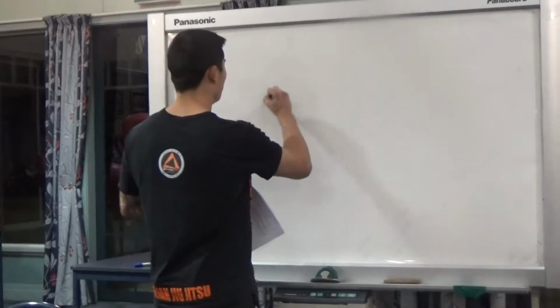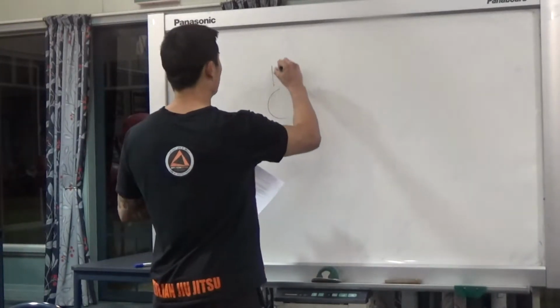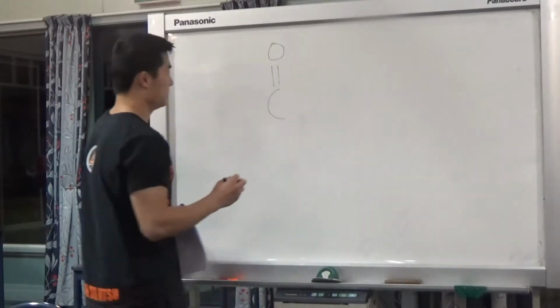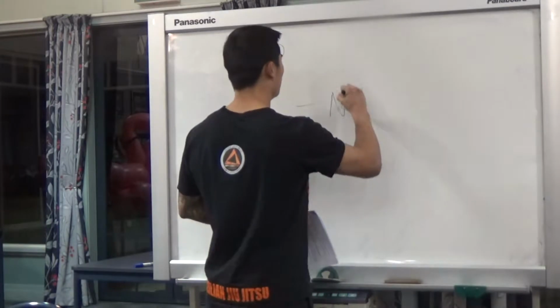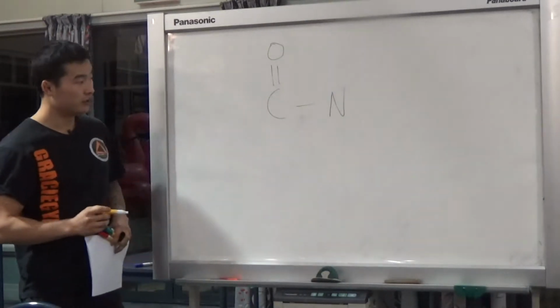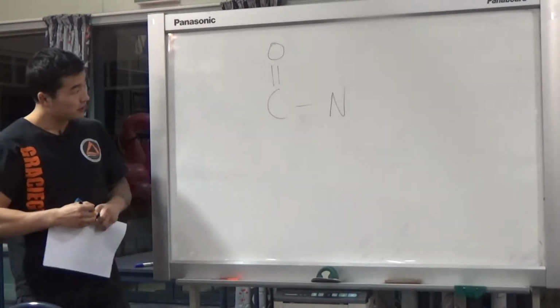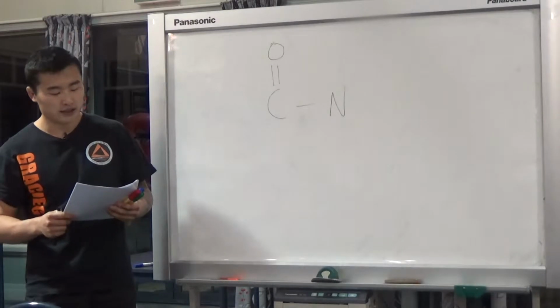So you have a carbon which is double bonded to an oxygen, and then it's bonded to a nitrogen. Okay, so that's your peptide bond, which is also called a covalent amide bond.